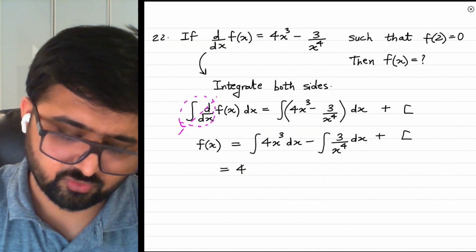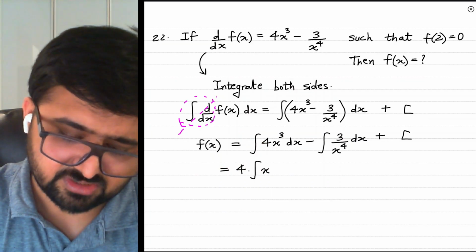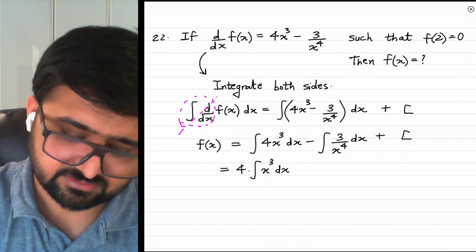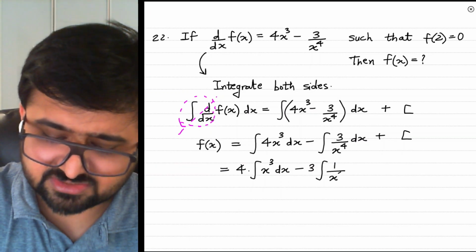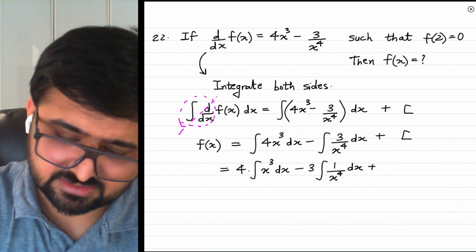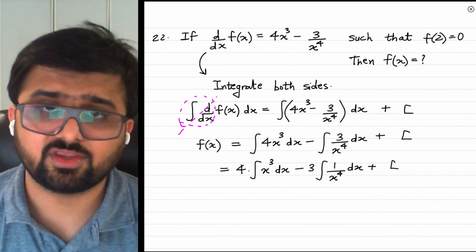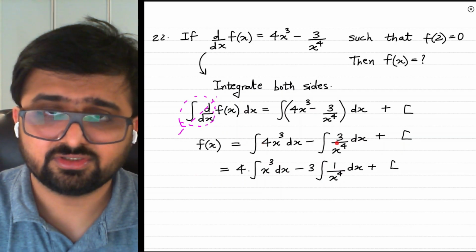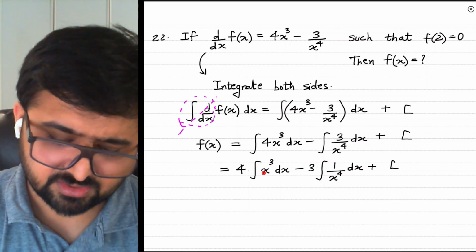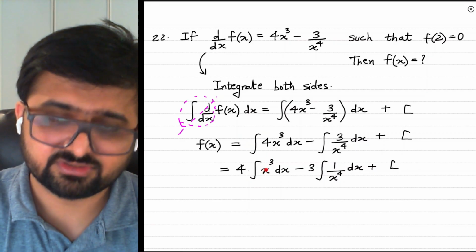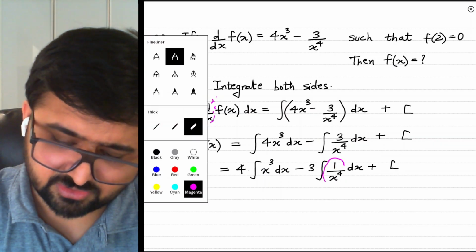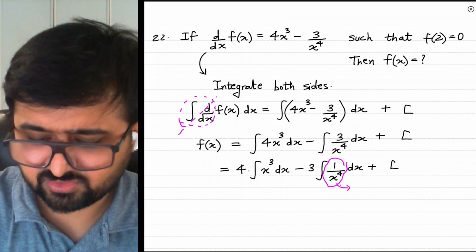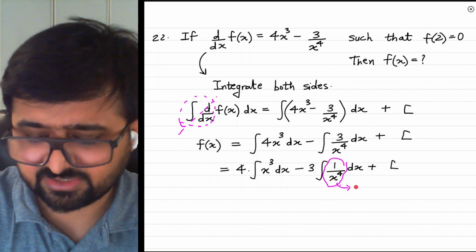So we get 4 integral of x cube dx minus 3 integral of 1 over x to the power 4 dx plus c. So you take those constants out, then you can integrate here directly x to the power 3, but this 1 over x to the power 4, by the laws of indices, is nothing but x to the power minus 4.